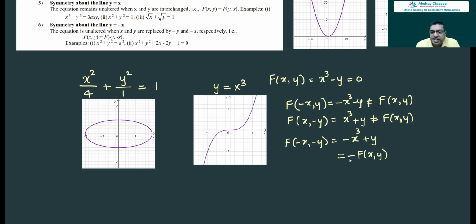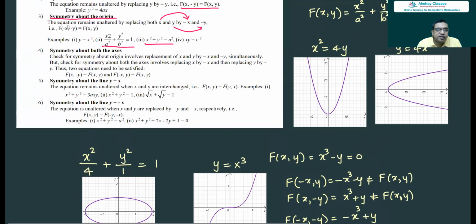Such a function is symmetric about the origin. It is like an odd function: f of minus x is equal to minus of f of x. So this one will be symmetric about the origin. So that is the result.